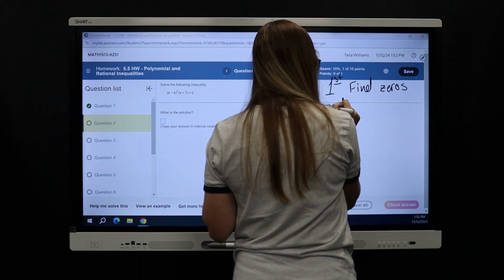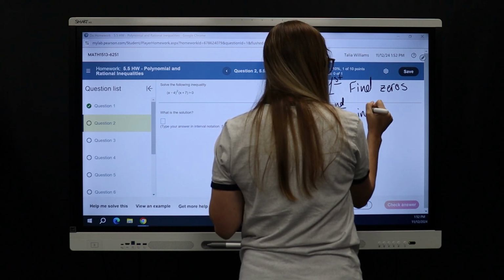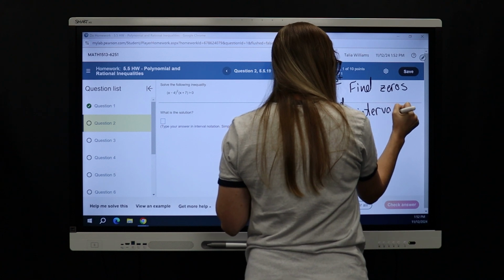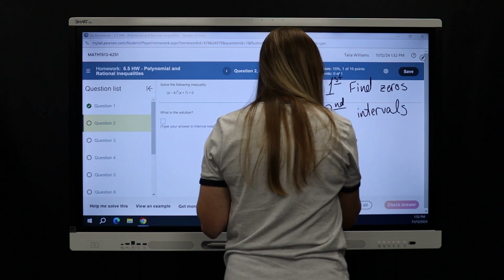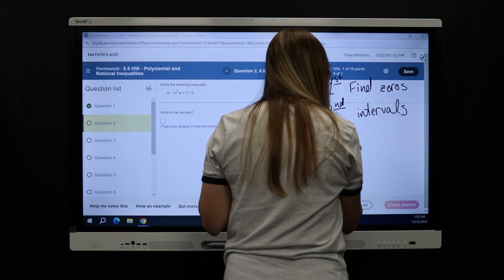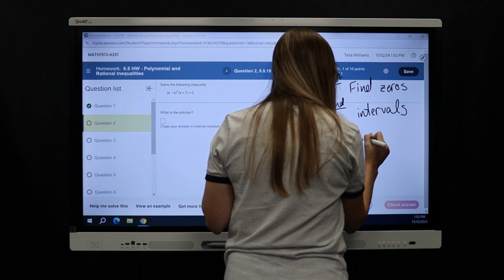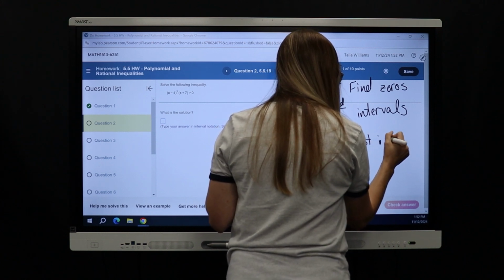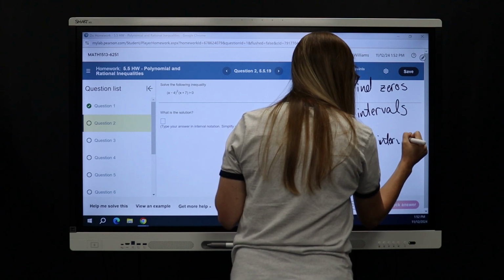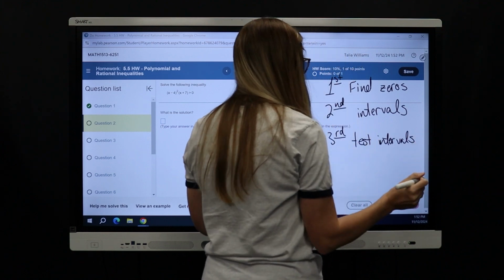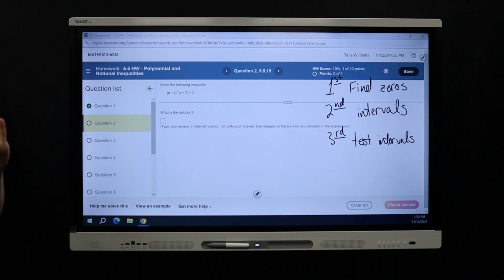Second, set your intervals. Third, test intervals. There's some of them we'll have to factor before we find our zeros, but that's part of finding the zeros.